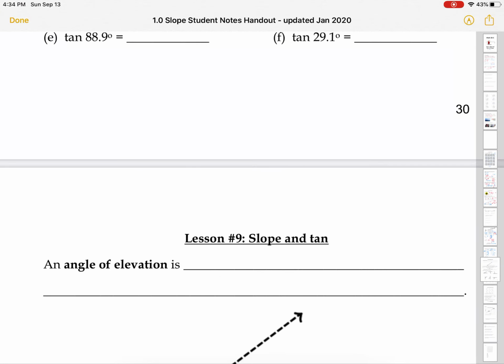Okay, so now we're doing lesson number 9, which is slope and tan. So we're going to talk a little also about the angle of elevation.